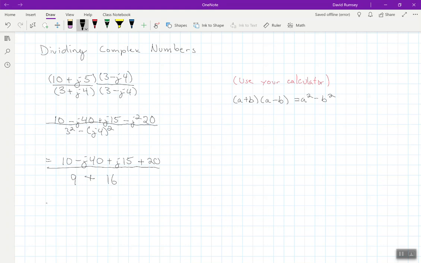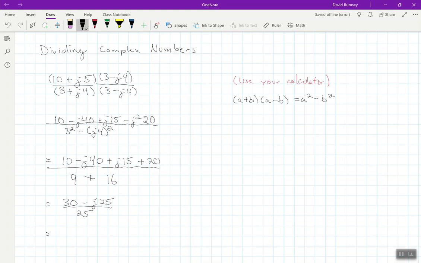So combining the numerator together, we would have 30 minus j25 divided by 25.